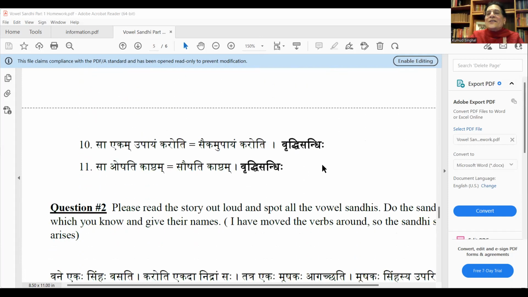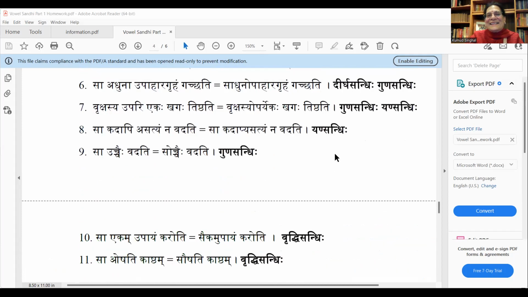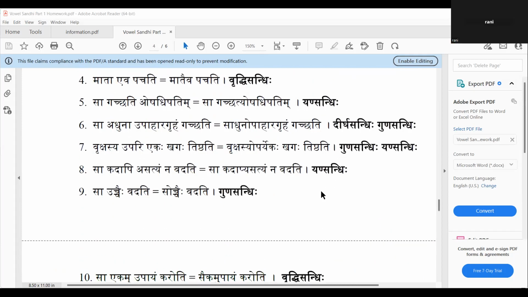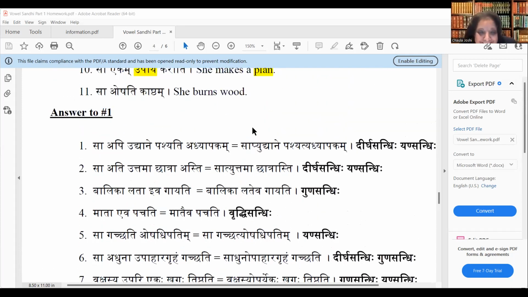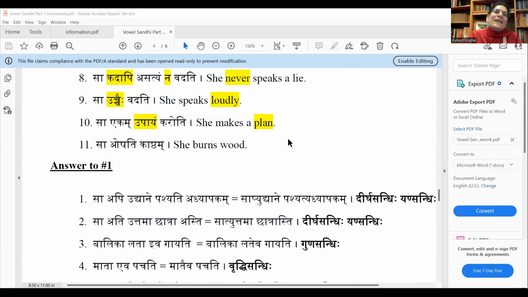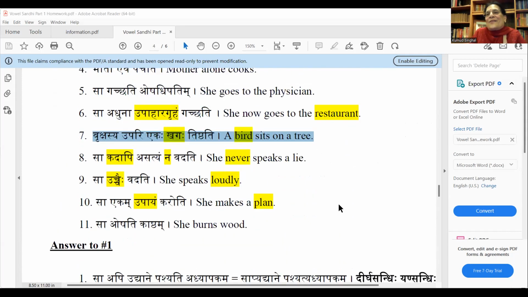I think the vowel sandhi should be clear by now to everybody. Yeah, it's clear, but it's not easy to remember all the rules. It does take time, but it's all practice. I still have to keep all this on the side and then go look at the meaning, and then go look at which type of sandhi it is.